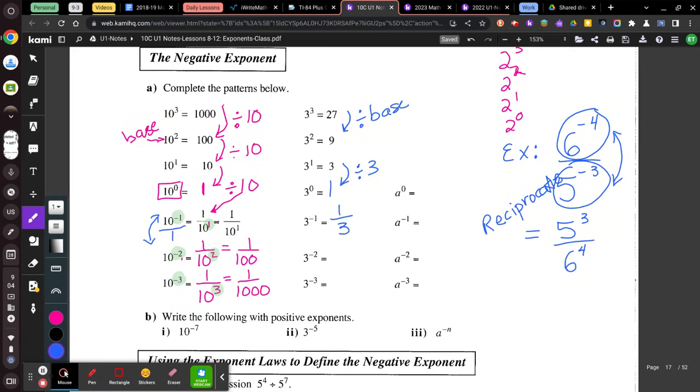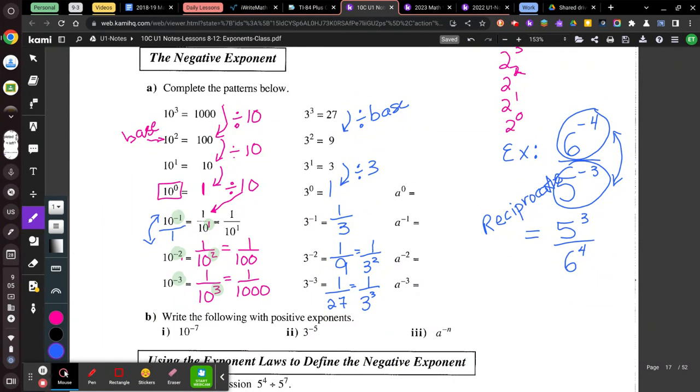This one's saying 1 divided by 9. This one's saying 1 divided by 27. And all that is 3 squared and 3 cubed. They mean the exact same thing. Identical. So the exponent, the minute you flip it, is going to turn positive.